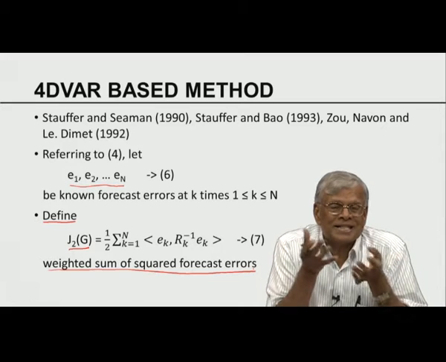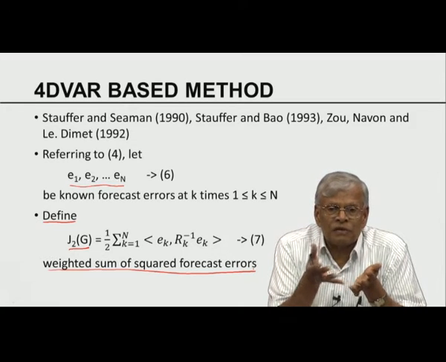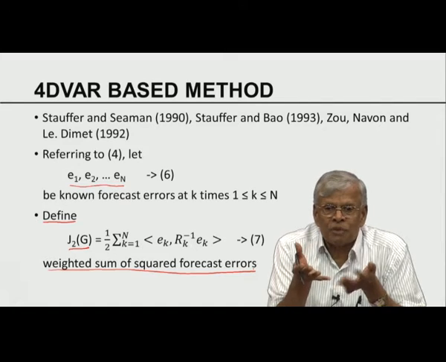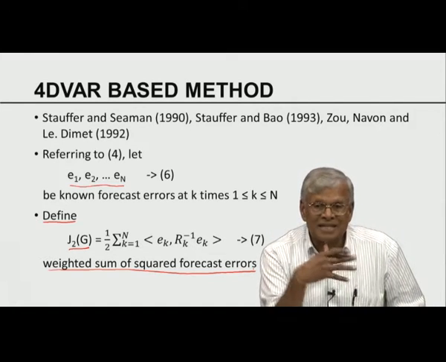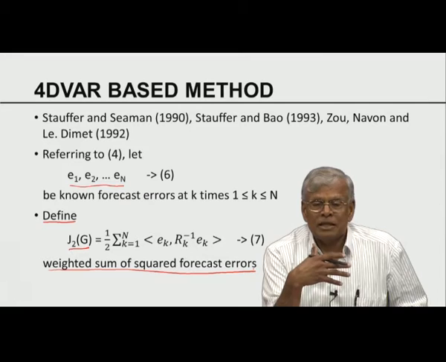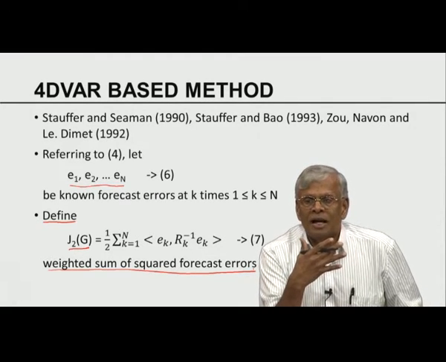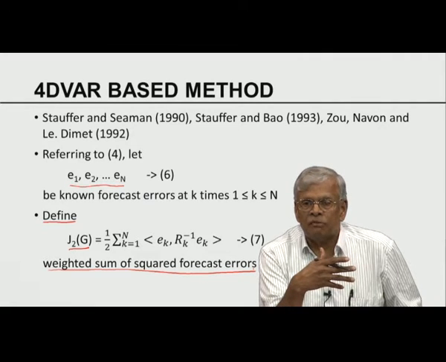Please understand, this is exactly the cost function that was used to minimize to find the optimal initial conditions and parameters in 4D-Var as well as the forward sensitivity based method. You can see the approach, because 4D-Var is something they know very well, and they were part of the development of the 4D-Var techniques.